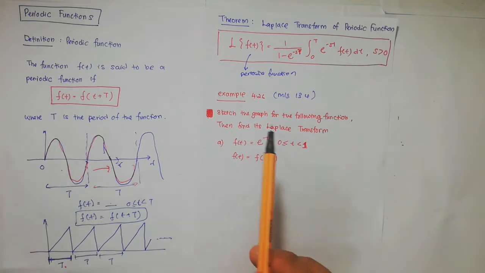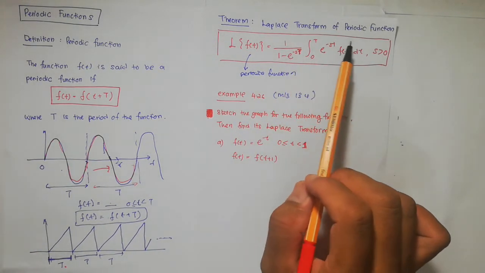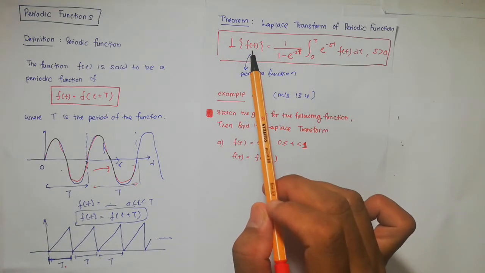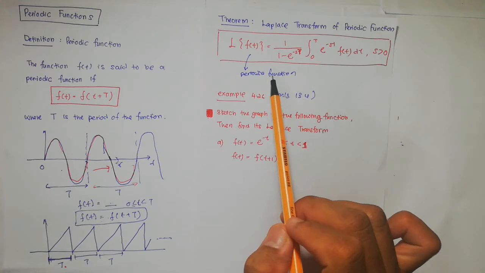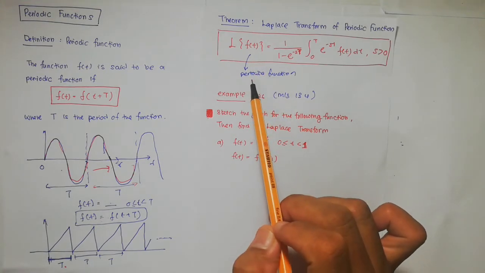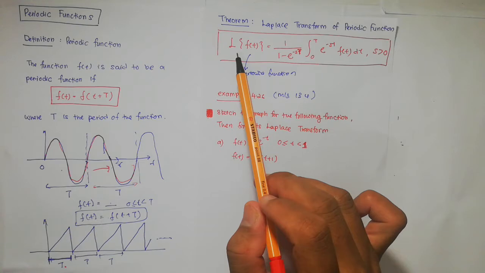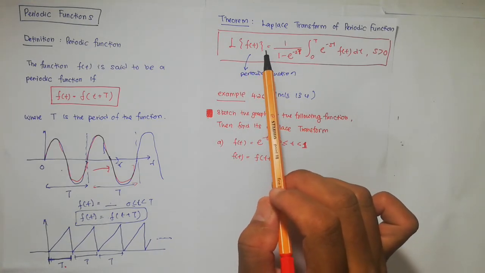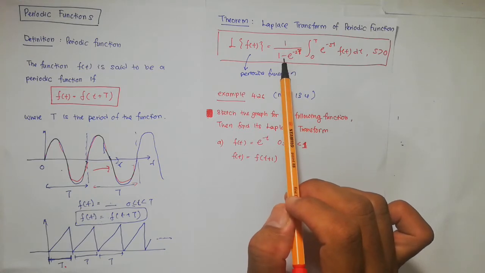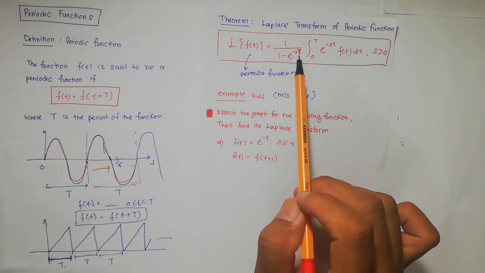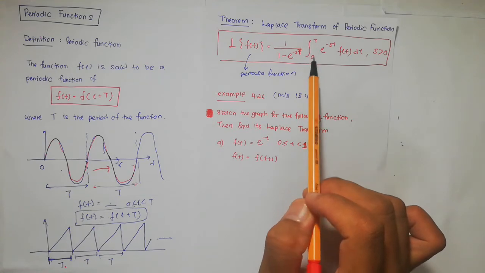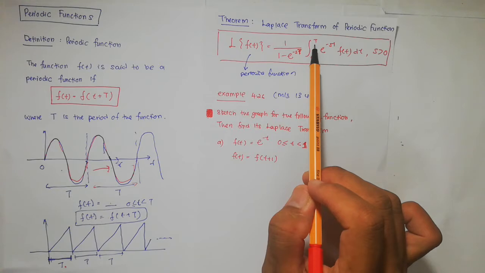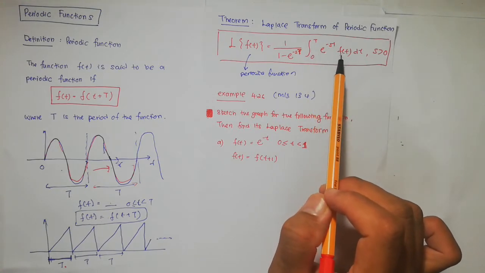Now, to find a Laplace transform for a periodic function, we have the Laplace transform for f(t). If f(t) is a periodic function, its Laplace transform can be found using this theorem, which is equal to 1 over 1 minus e to the negative sT, times the integral from 0 to capital T, which is the period, of e to the negative st times f(t) dt.